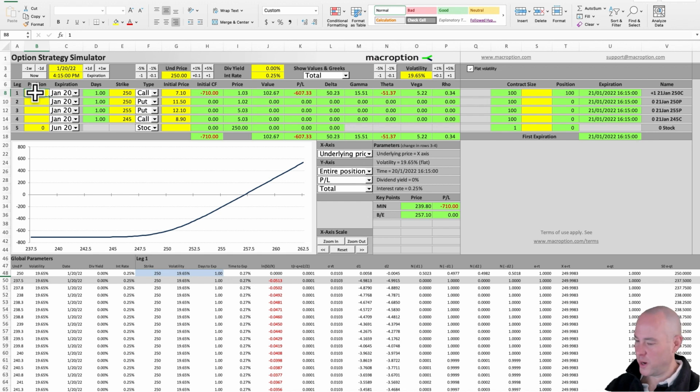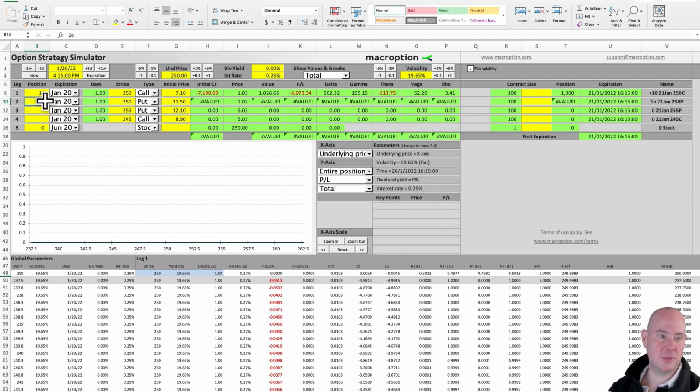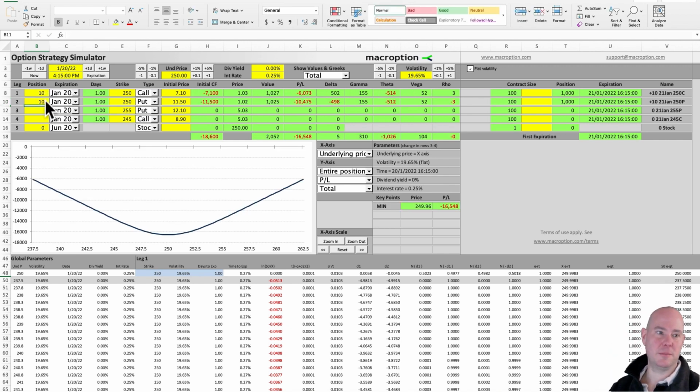Now let me go into why we're getting into this, because if I am a primary dealer or a market maker, a primary dealer or a market maker is going to have the opposite position of what the majority of the general public are holding or products they are selling.